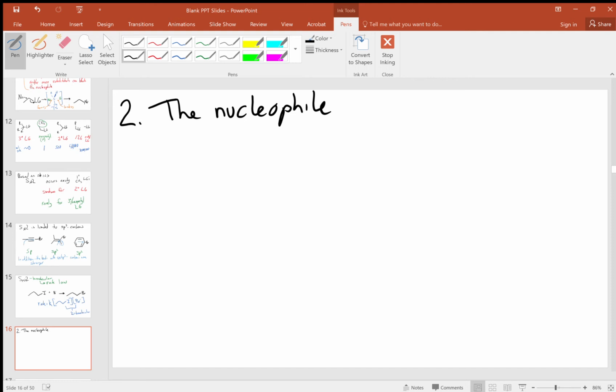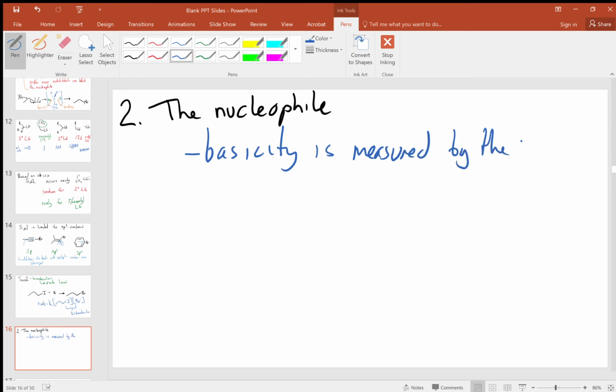So we already know that there's a lot of interplay between a nucleophile and a base. And anything that can function as a base can often be a nucleophile. But that doesn't mean the behaviors are the same. Recall that we measure base or basicity by the pKa of the conjugate acid.